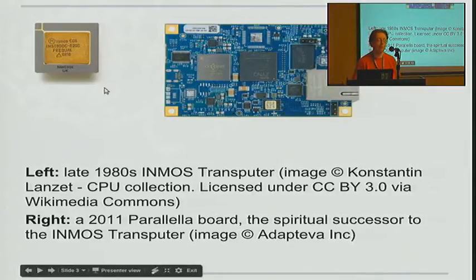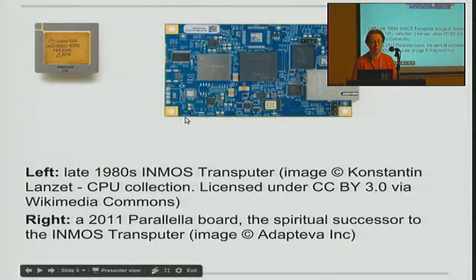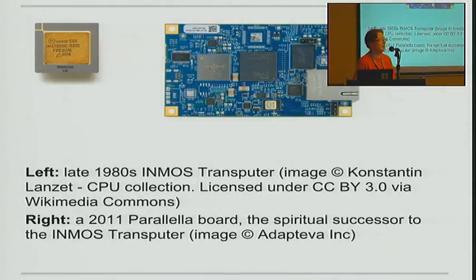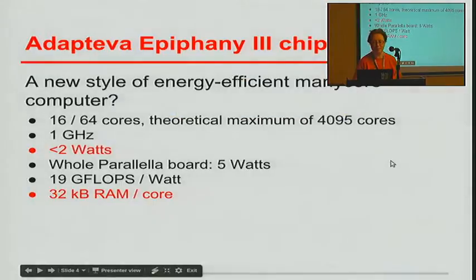This chip had some very opinionated ideas about how that should happen, and some very good ideas about how that should happen. This more modern chip, the Epiphany, has some slightly more relaxed ideas about how that can happen. So in the Epiphany, for example, it is possible for any core to write to almost any memory in any other core, which doesn't sound terribly sensible, but it is possible. This chip, I'm pretty sure, could not do, or would not do that.